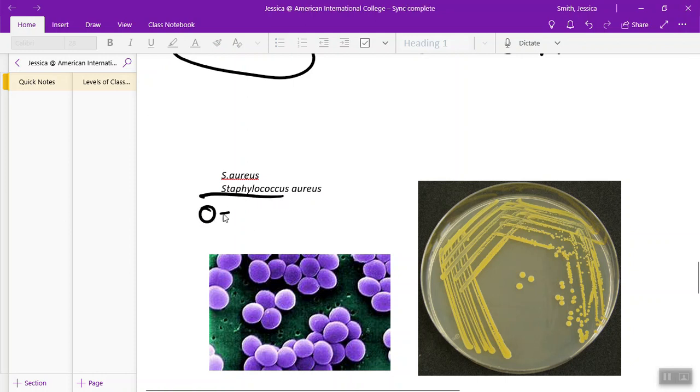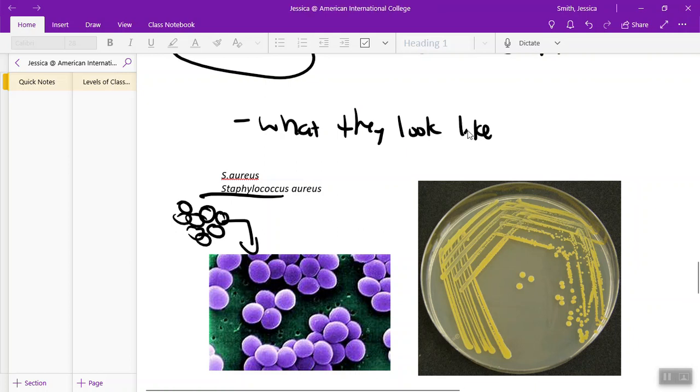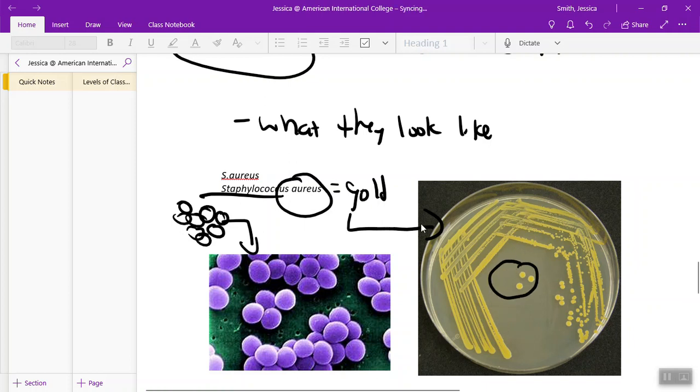Staphylococcus means a cluster of little circles like this. If you look at S. aureus under the microscope, that's what it looks like, a cluster of little circles. So that's another way we might name organisms, by what they look like. The name aureus means gold, because when we grow Staph aureus on an agar petri dish, they form yellow, goldish colonies. So there we go, another name explaining what they look like.